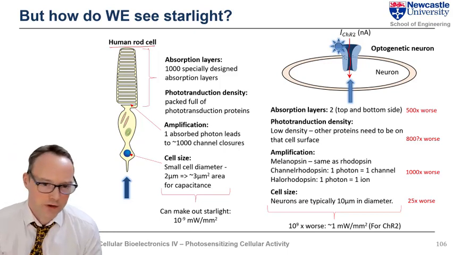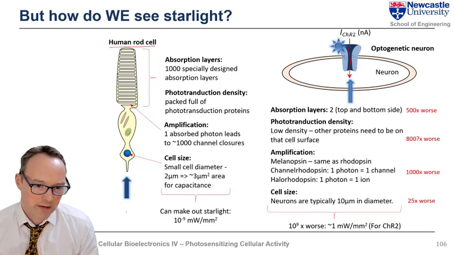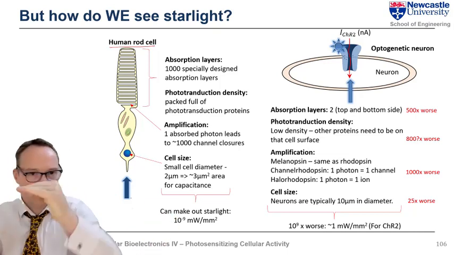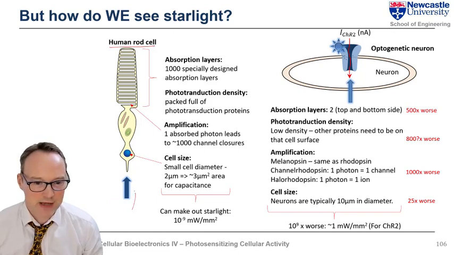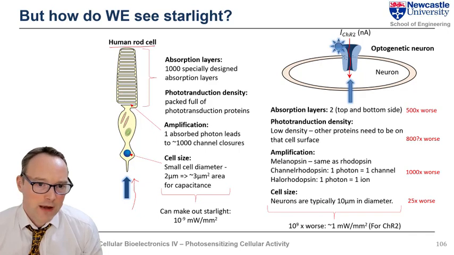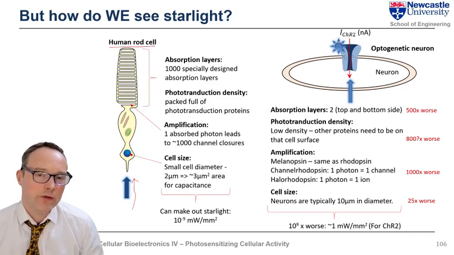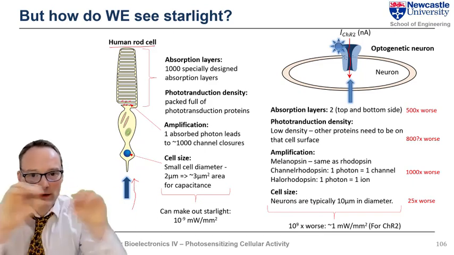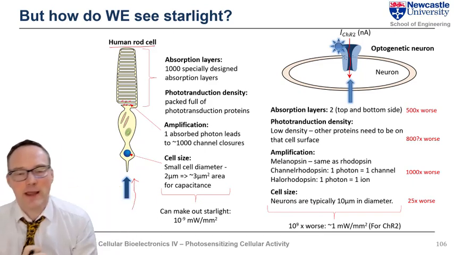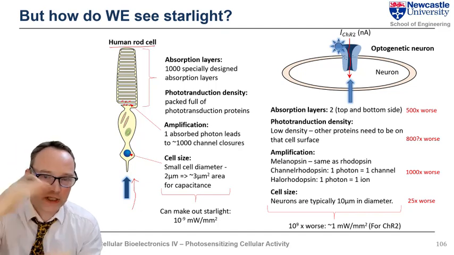But let's look at the rods. Now, light will come in, well, sideways, if you like, into our eyes. But let's imagine the light is coming up towards the rod. Now, all of those rhodopsins sit in these special regions, in special little bubbles, if you like, which are the absorption layers.